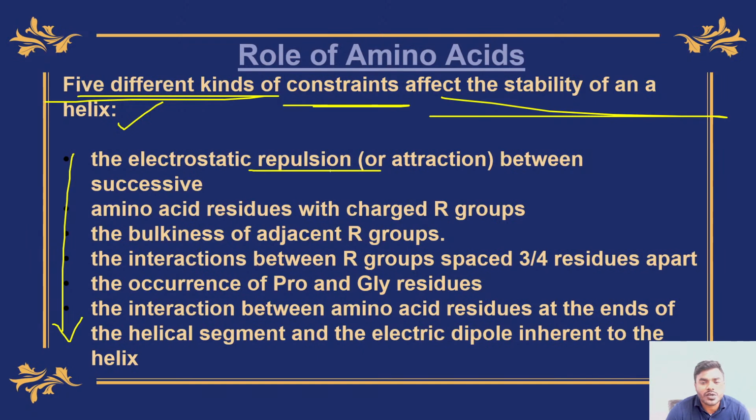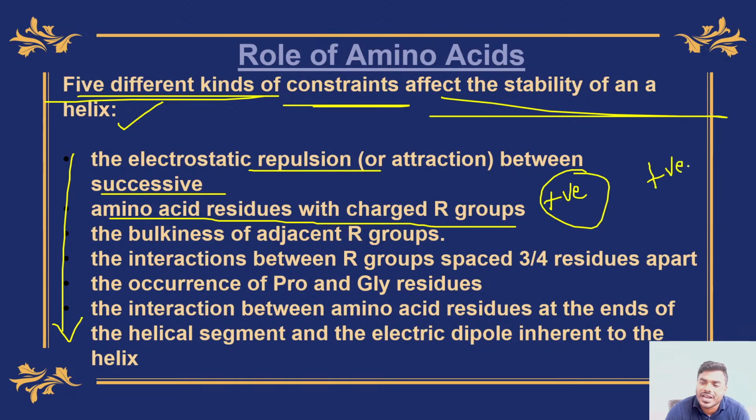First, the electrostatic repulsion or attraction between successive amino acid residues with charged R groups. I told you, if a positively charged amino acid associates with another positively charged amino acid, the helix never becomes stable. If a positively charged amino acid associates with a negatively charged amino acid, then only the helix will become stable.